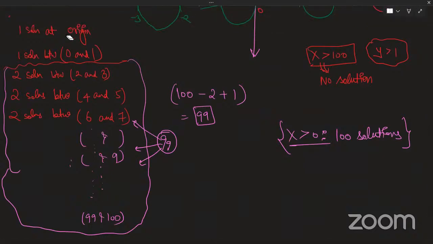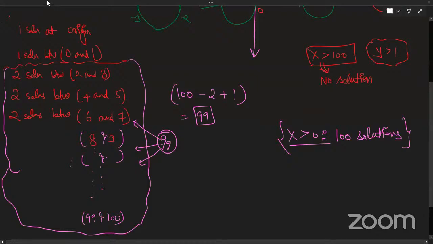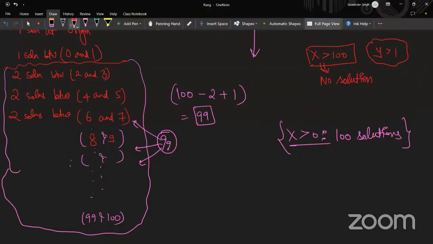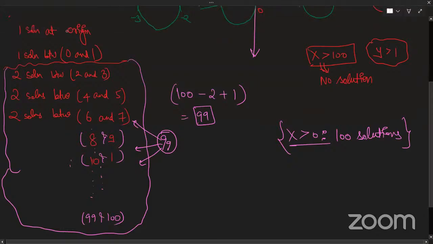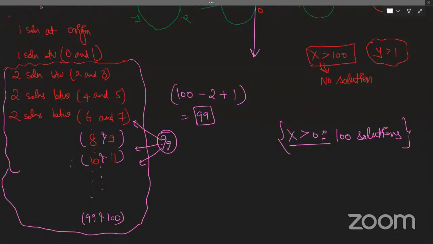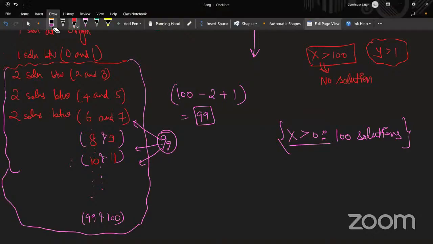You are correct. I had to correct a number also there. So it is 2, 3, 4, 5, 6, 7, 8, 9, 10, 11, right? It will be 10, 11, something like this. Correct, correct. So, okay.